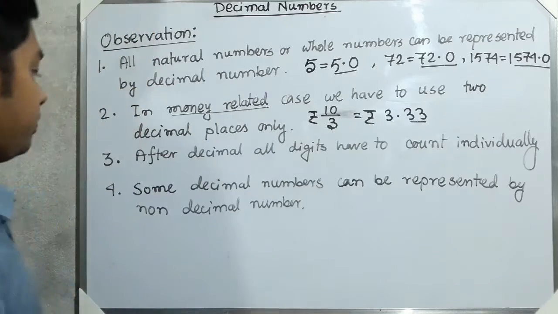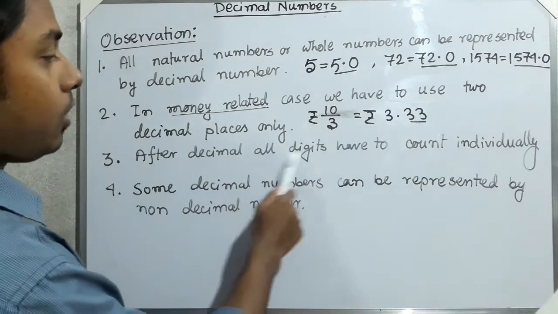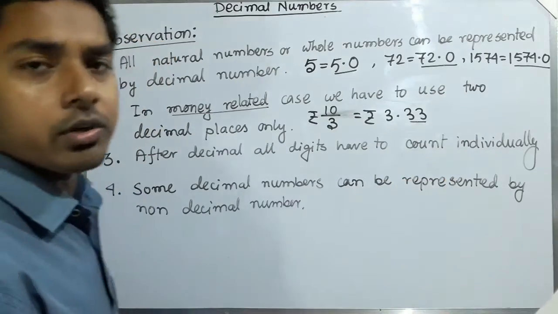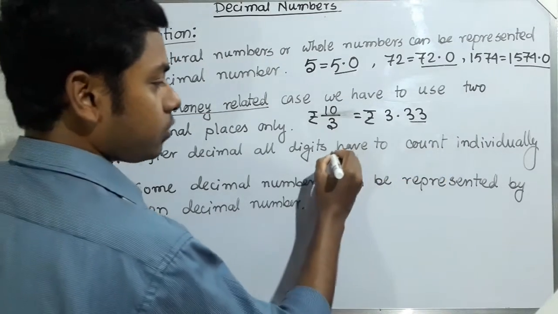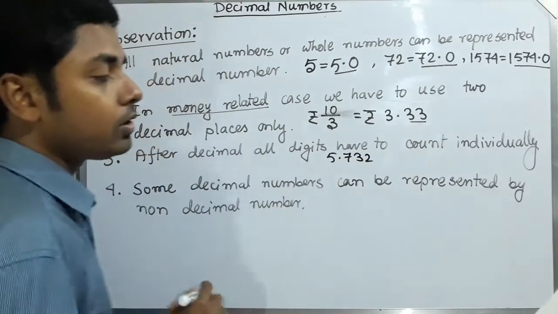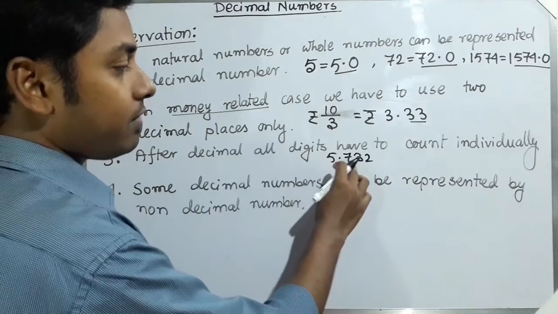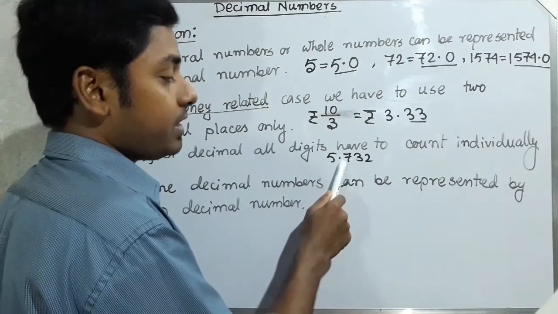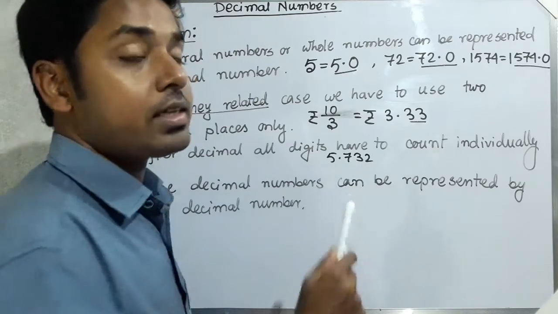Okay, now number 3, after the decimal all digits have to be counted individually. Already I told you, suppose 5.732, how to count? How to read the number? 5.732, this is the correct way.